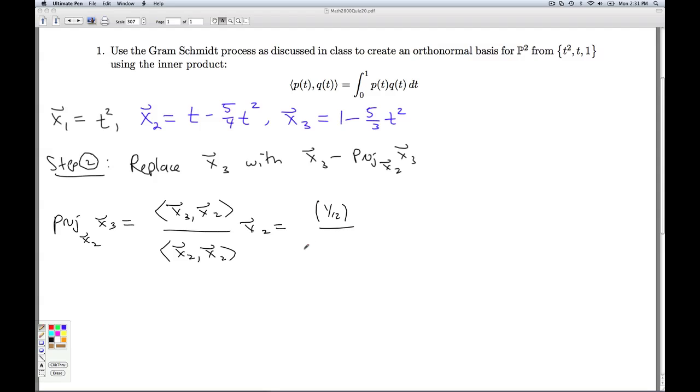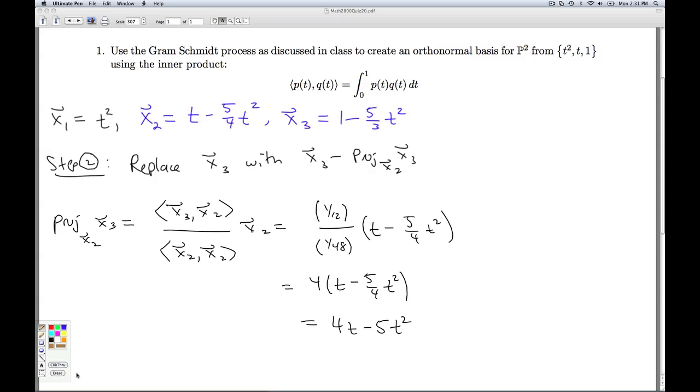The inner product of x2 with itself we found to be 1/48, times x2, which is the polynomial t minus 5/4 t squared. So you do the fraction gymnastics and you get 4 times that, so you get 4t minus 5t squared.